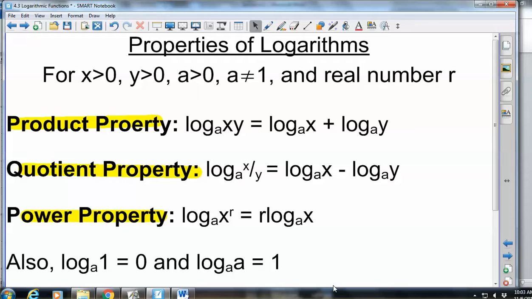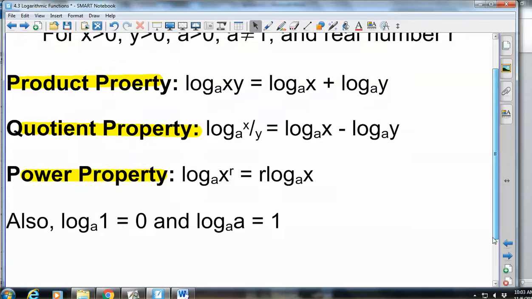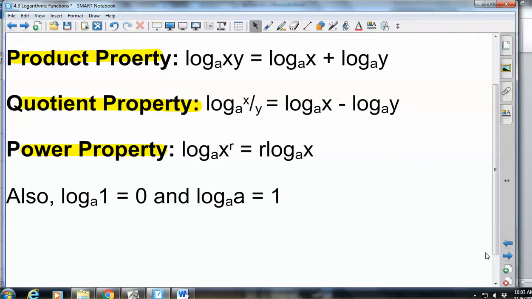The last two things here, you don't necessarily have to remember as rules. You might, but if not, they're fairly easy to figure out. Log base a of 1. That's just saying a to what power equals 1? 0. Log base a of a, a to what power equals a? 1.